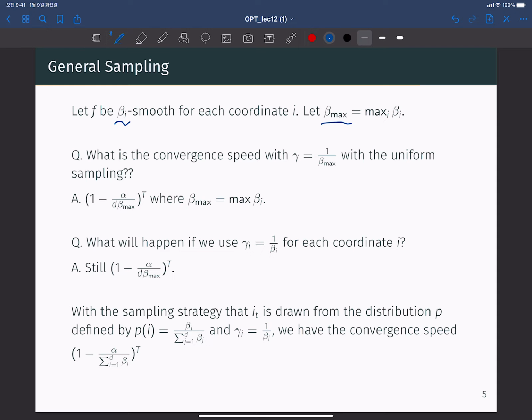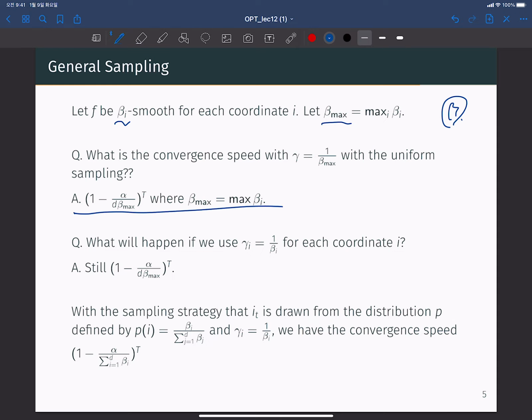The previous beta is beta max. Then what is the convergence speed with gamma equal to 1 over beta max with uniform sampling?